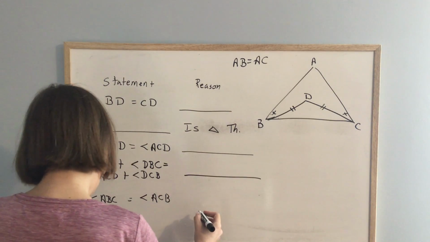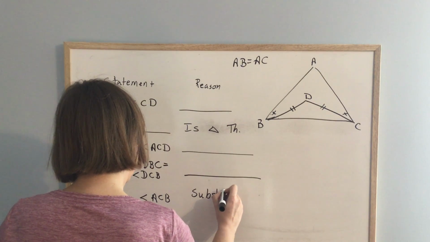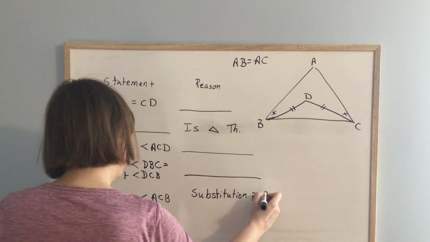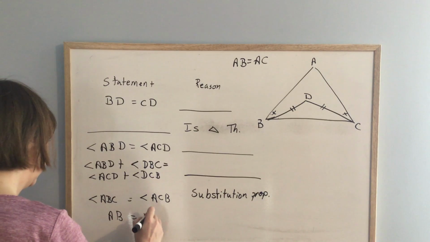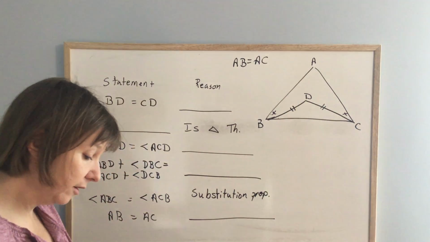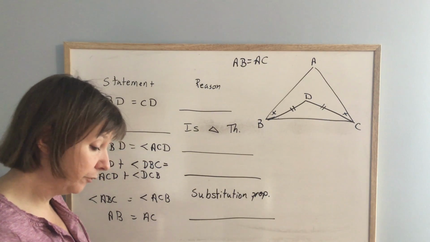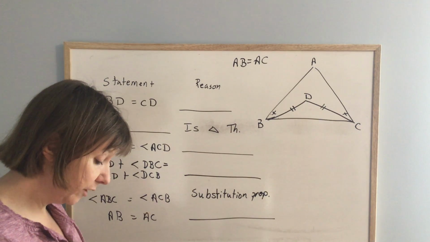And they even tell you why. They say substitution property, and we'll talk about that a little bit when we get there. And then they say side AB is equal to side AC, and they want you to give the reason. So, again, I'm going to flip back just so that I'm wording it the same way that they would.